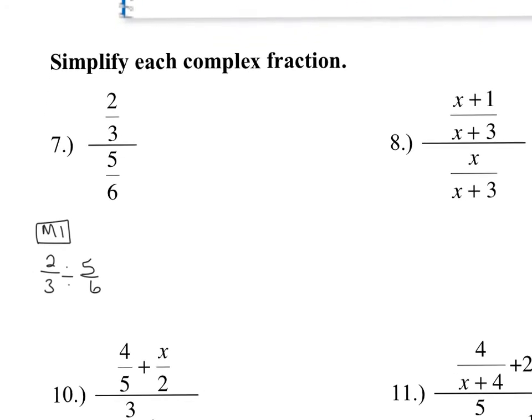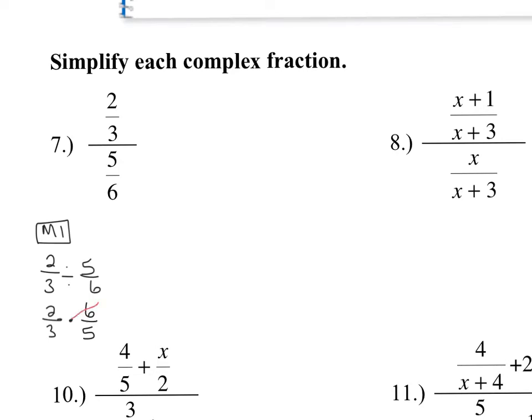Now remember, when we divide fractions, that means that we keep the first fraction the same, change it to multiplication, and then take the reciprocal of the fraction that's after the division sign. So that would be the 6/5. Now at this point you can either simplify and then multiply straight across, or multiply straight across then simplify. I prefer to simplify my fractions first.